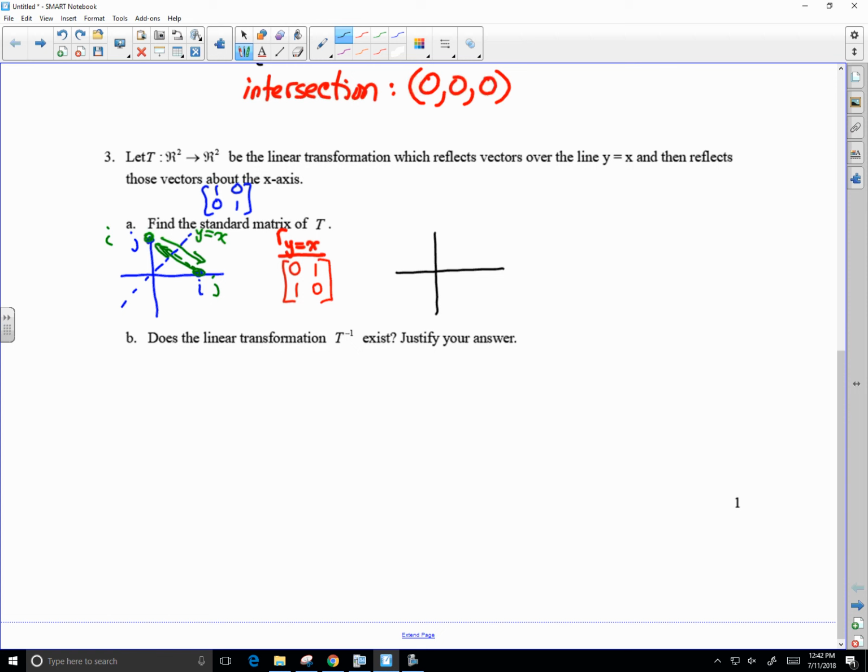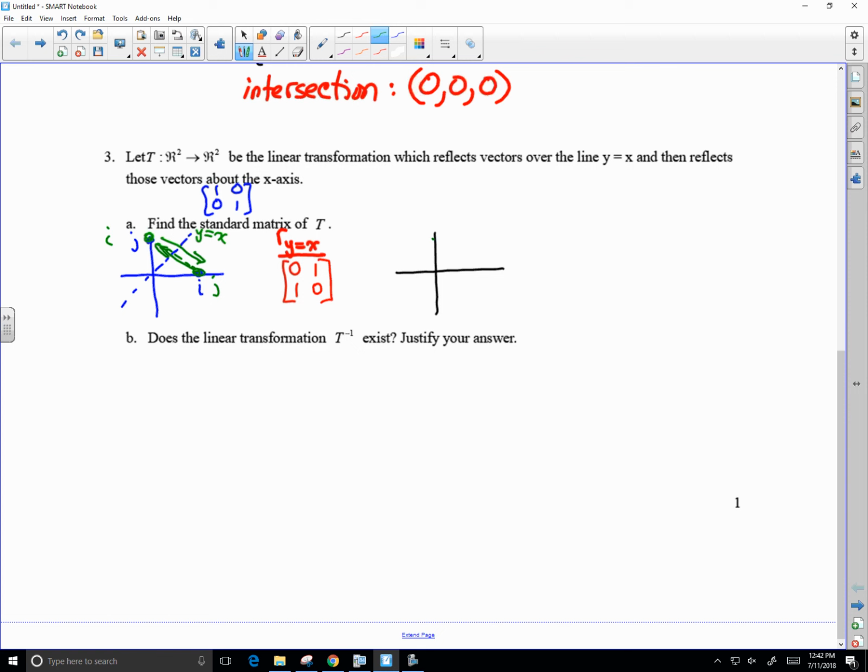So you could actually find the standard matrix for just the reflection over the x-axis and multiply by the matrix for the reflection over the line y equals x. Or, because this is a compound transformation, you can take your new matrix or your new positions of i and j and perform the transformations on those. So I think that's probably the better way to do it if you're doing it visually.